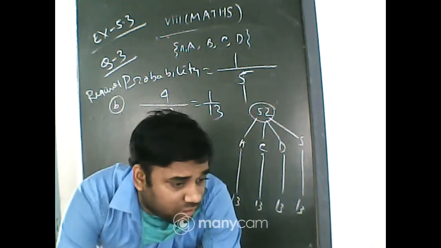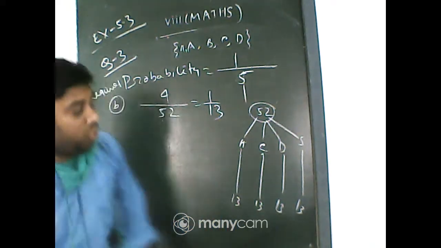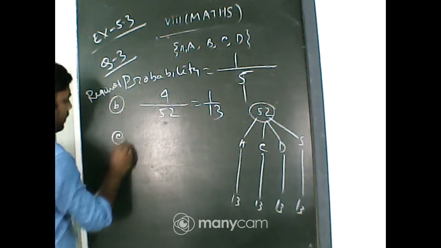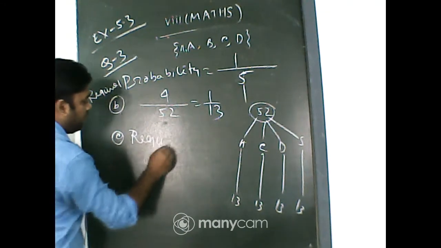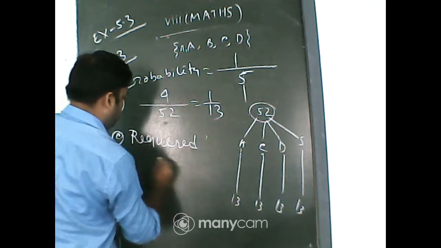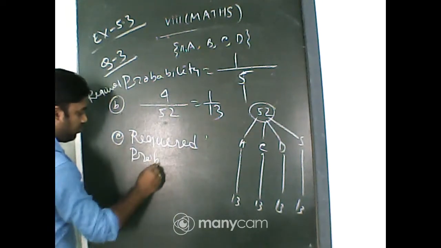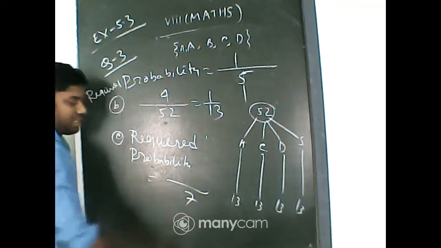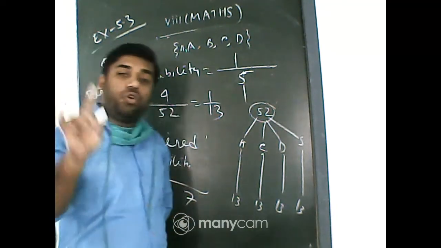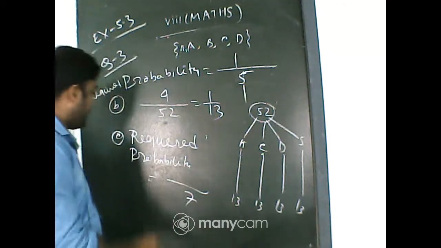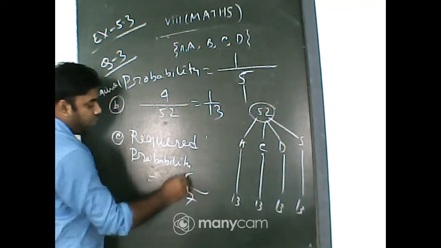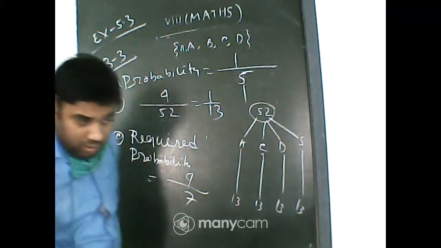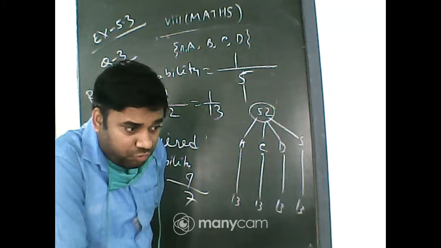The number of red apples is 4. So the required probability: total number of apples 7, among them 4 apples are red. So getting a red apple is 4 by 7. Got it? So the right answer is 4 by 7.